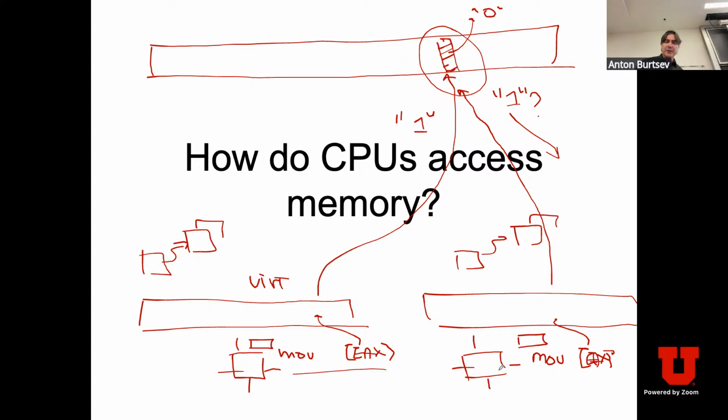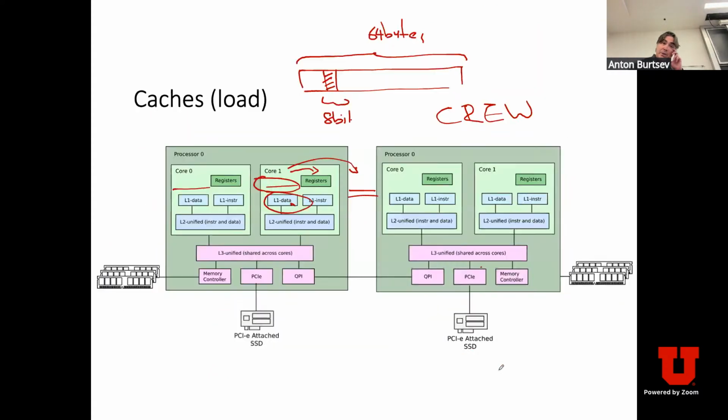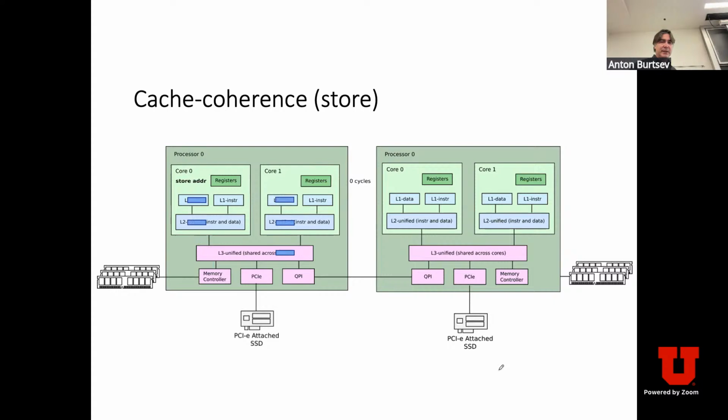So, concurrent readers. However, if modification is needed, we really need to make sure that writes are exclusive. Otherwise, you might overwrite and lose information. This is what the CPUs are implementing. The moment you try to write, the CPU guarantees that one core will have exclusive write.